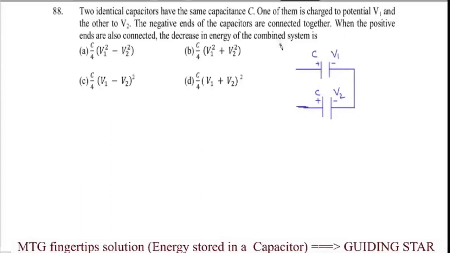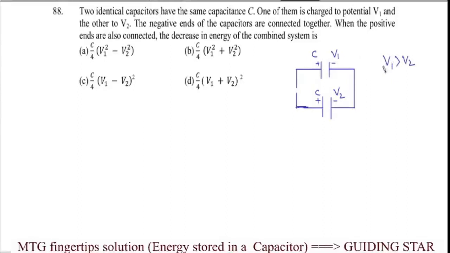When positive ends are connected, so right now here in this particular case assume that these are not connected right now, so we'll connect them. Clear? The decrease in energy of the combined system. So we know that when we connect these two systems, here we assume that V1 is greater than V2, or we can assume V2 greater than V1. We can assume anything.